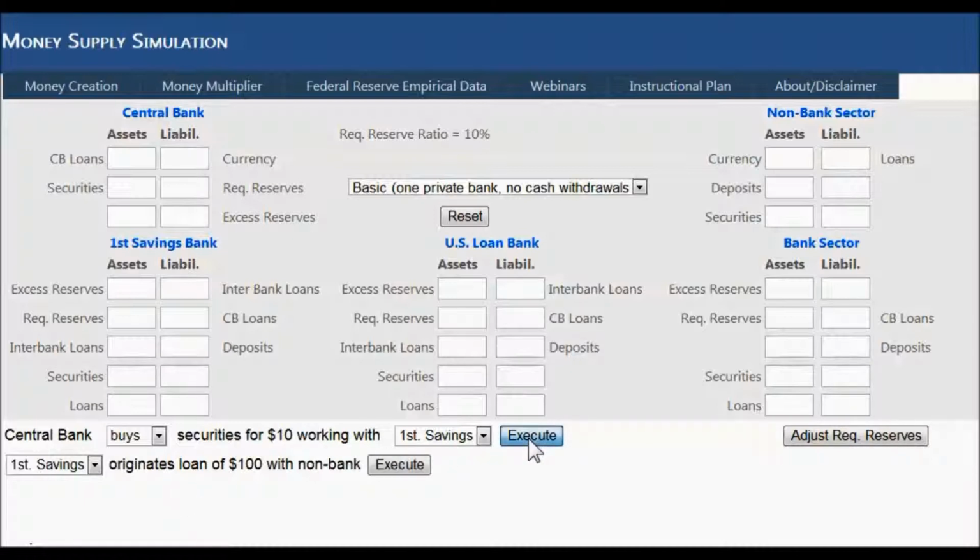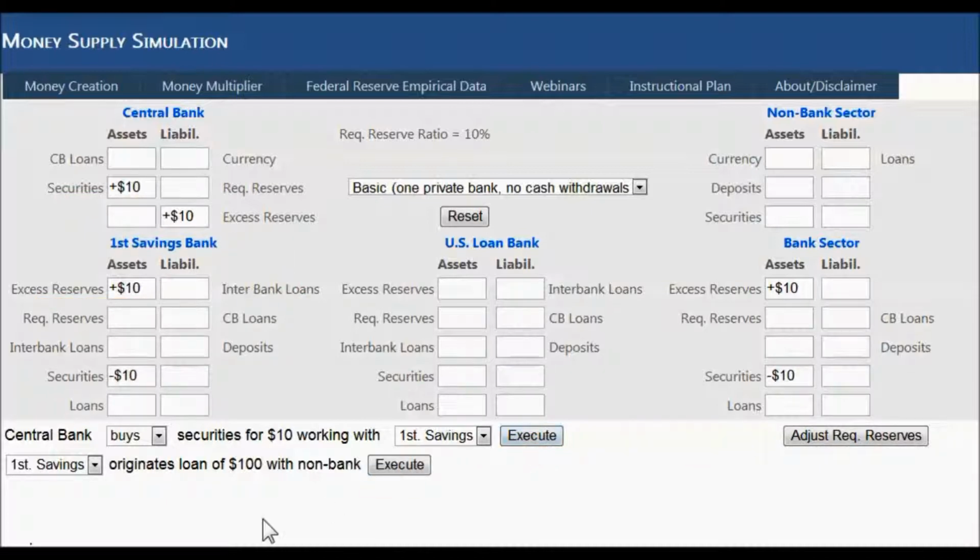When we execute it, we can see that securities are reduced by $10 for First Savings, while the central bank has more assets now. At the same time, the central bank pays for the security by crediting First Savings' reserve account, and that is a liability of the central bank.